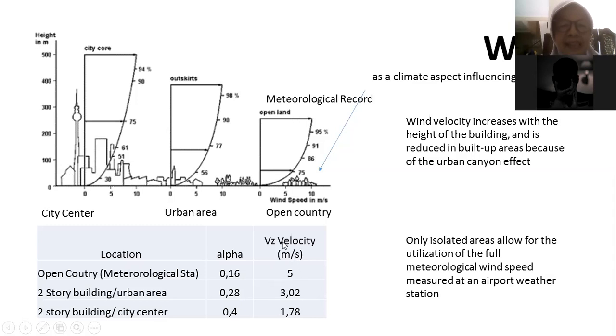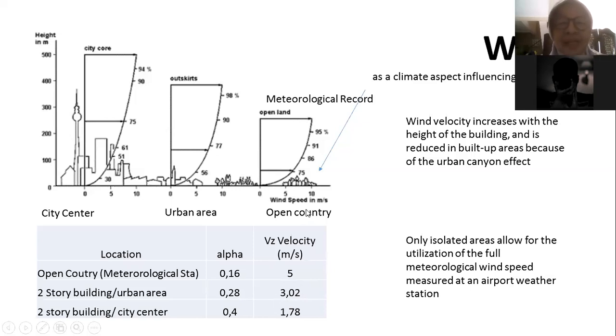Then the velocity is lower in the city center. Here we can calculate from 5 in the meteorological data record: in the urban area 3 meters per second, and in the city center 1 something. The velocity is lower and lower.